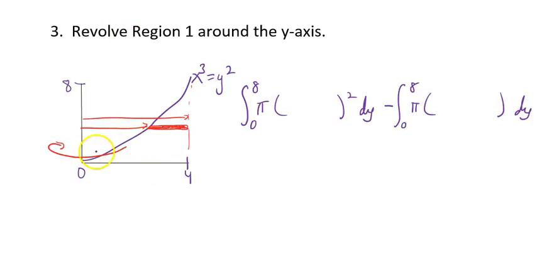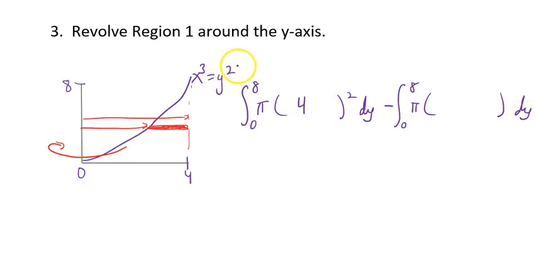Okay, so now we have to decide what the radiuses are, and those come from what our height arrows are touching. Our longest one touches 4, so that is our first radius. Our short one is going to touch the function, but again, I've got stuff on both sides. This time our variable is y because we have dy's.